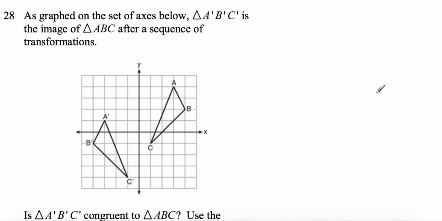Number 28. A prime, B prime, C prime is the image after a sequence of transformations. One simple thing which I can see is that this one has been reflected about the y-axis, and it becomes right over here. 3 units, 1, 2, 3, and then 4 units, and then 1 diagonal below.